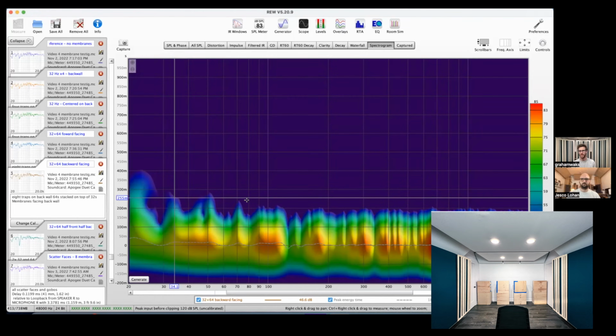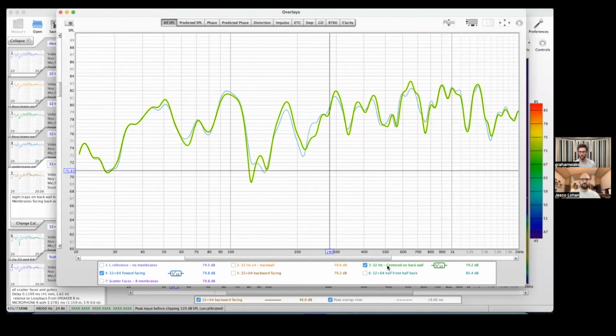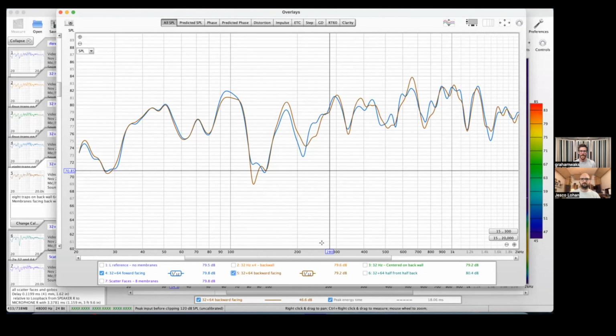That's more correlating to the fact that we now have these big boxes acting as a big reflective surface. Even though those gobos are there, we're changing the overall space within the room and how it's responding. And that's more visible if we jump back to the frequency response graph here.